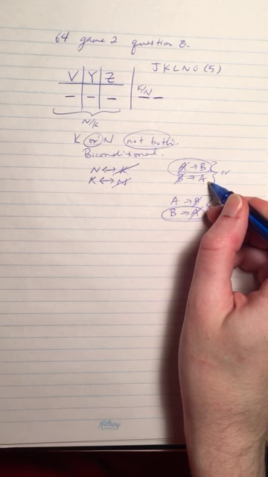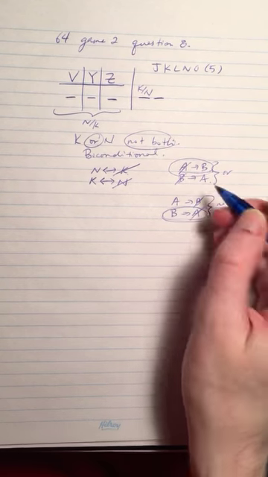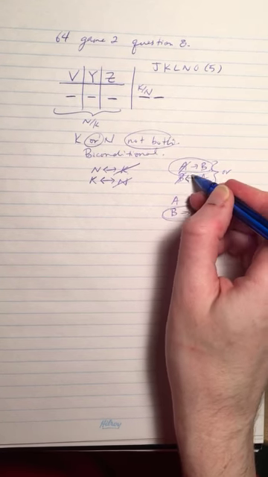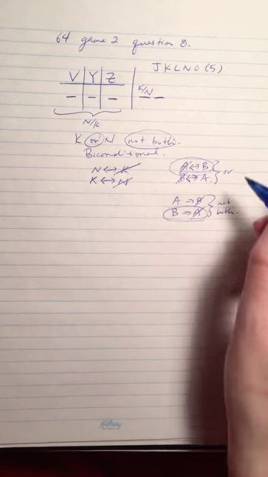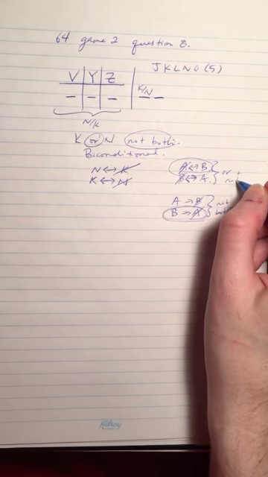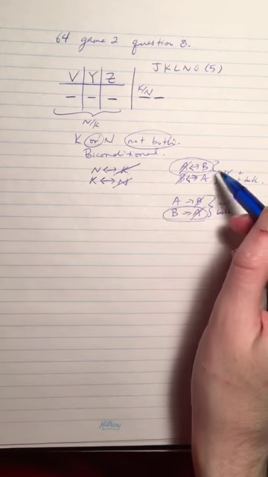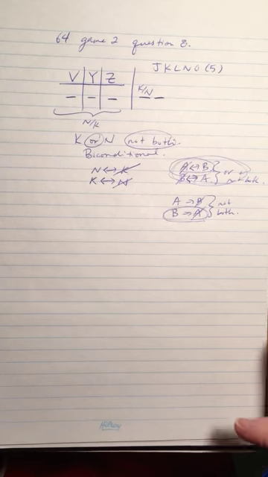So not B means A, but also A means not B, so we can just have a double arrow there. Once we know it's "or" and "not both," then we can do the biconditional. That's just a little aside on how biconditionals work and this particular one.